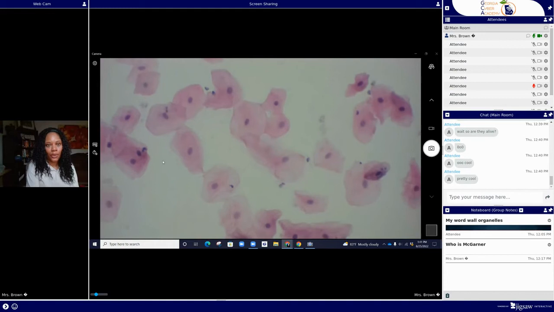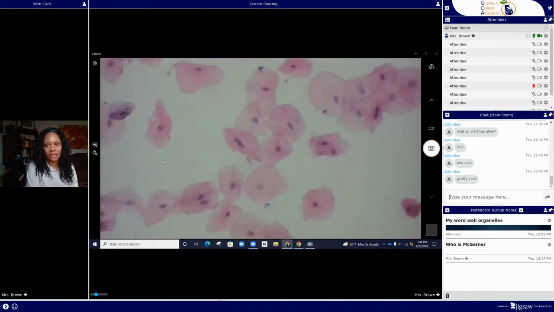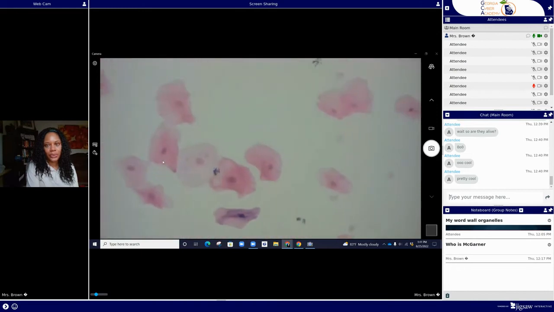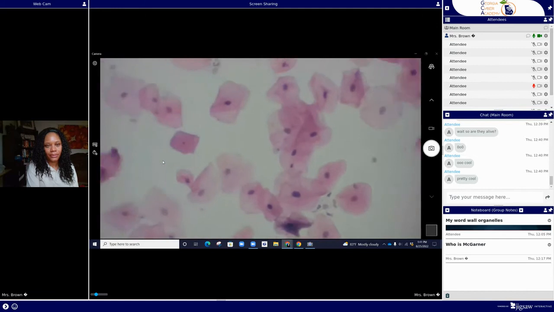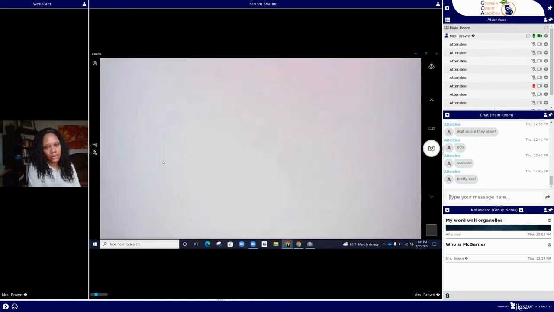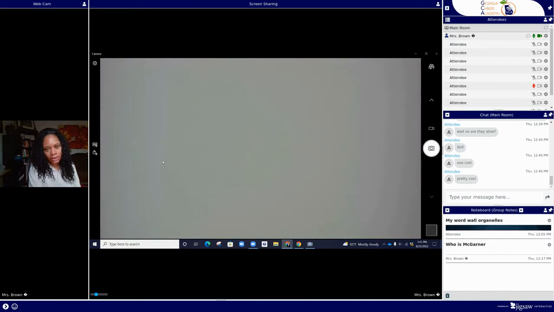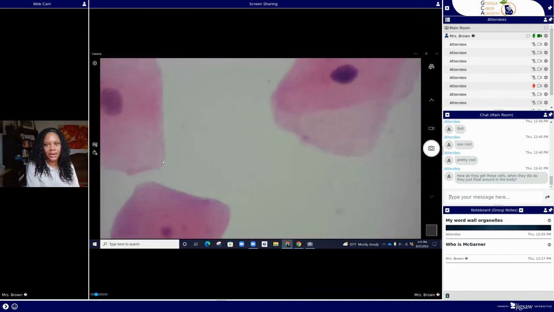And when they come off, they kind of come off as flakes when they come off your body. And if we look a little bit closer, there they are. That's a good shot right there.